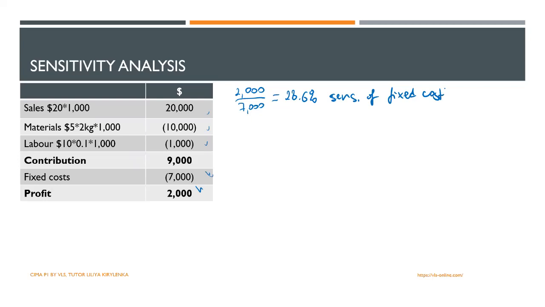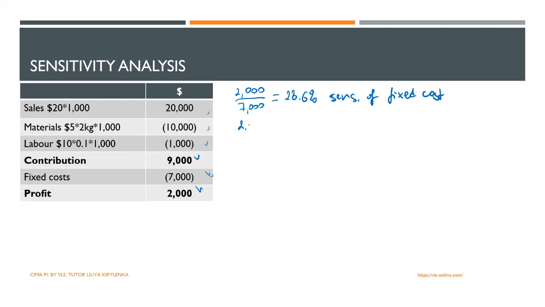Okay, how about quantity? Well, quantity impacts our contribution because quantity impacts our sales value and all of our variable cost. So if our contribution is decreased by 2,000, then we are going to have a loss.